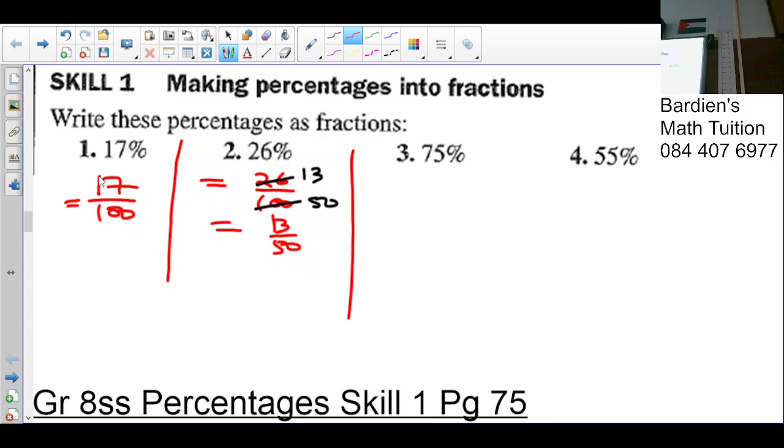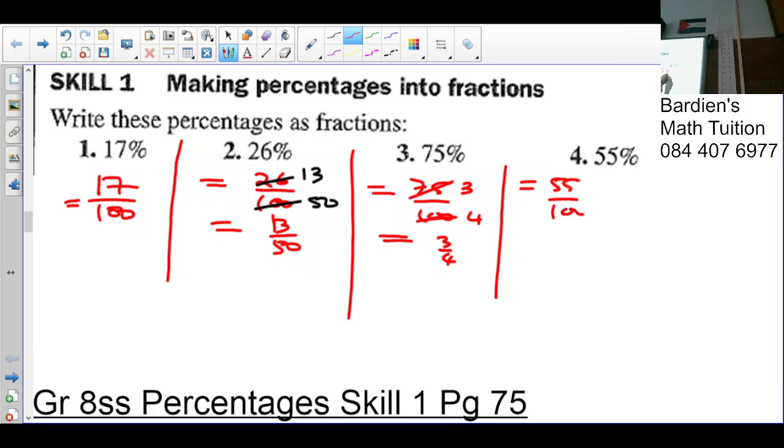And number 3 will be 75 over 100, which is, 25 goes into 75 3 times, 25 goes into 100 4 times. So there's 3 over 4, and the last one, 55%, is 55 over 100, which 5 goes into 11 times, and 5 goes into 100 20 times, which is 11 over 20. Any confusion here? It's fairly simple, no?